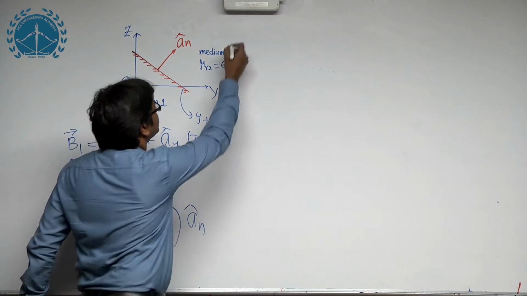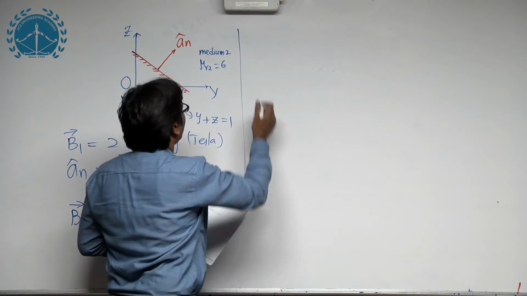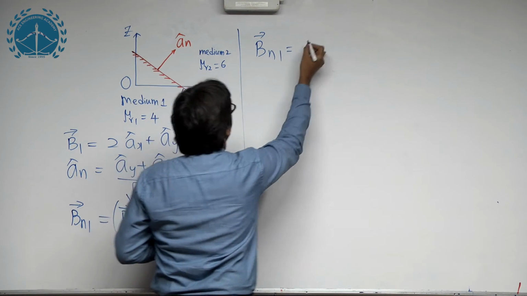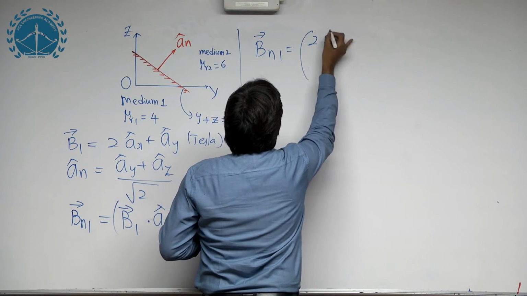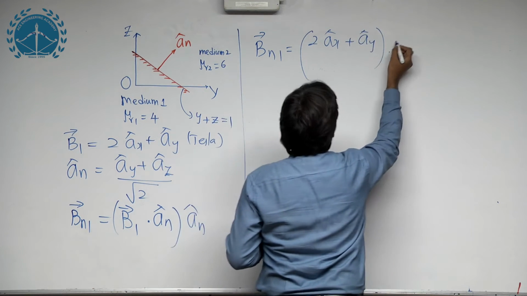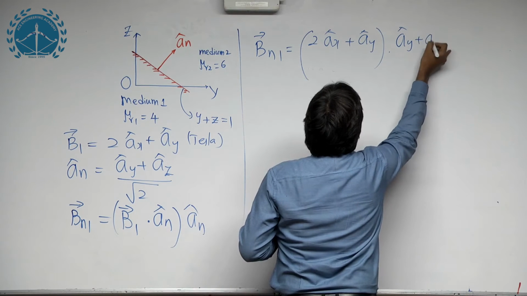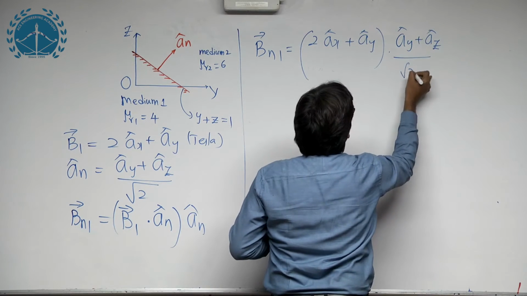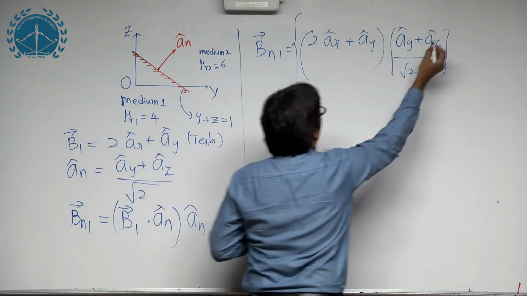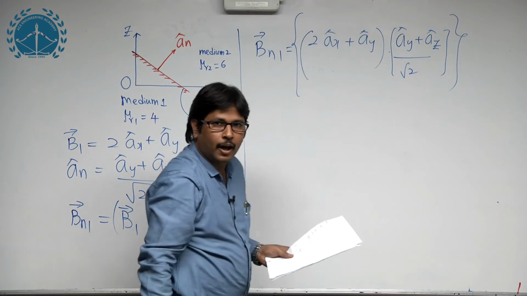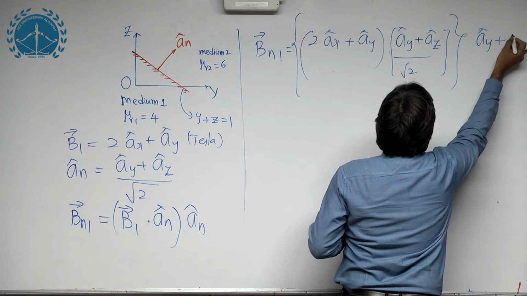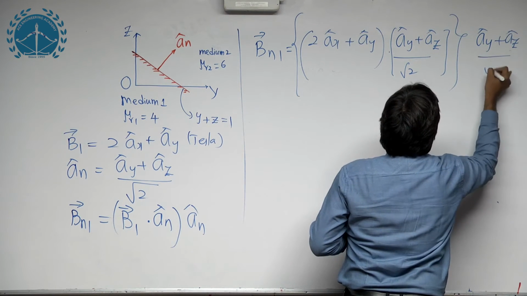So, from this we can estimate Bn1 bar. Bn1 bar is equal to B1 bar, which we have, 2 Ax cap plus Ay cap, dot An cap, Ay cap plus Az cap divided by root 2. This is our An cap. After this we have to multiply with the unit vector along this direction, Ay plus Az divided by root 2.